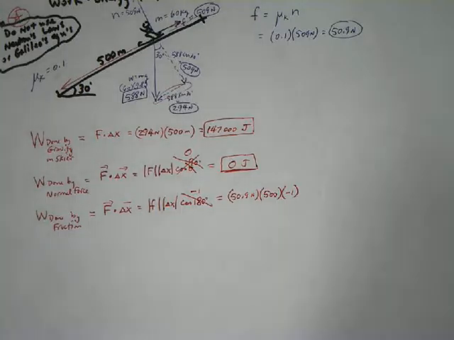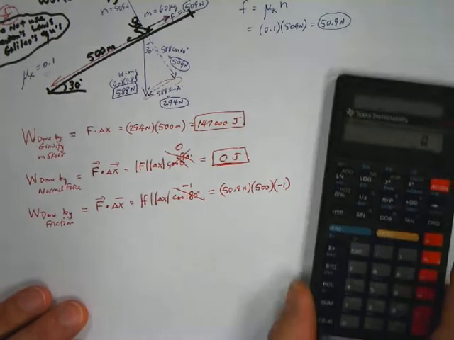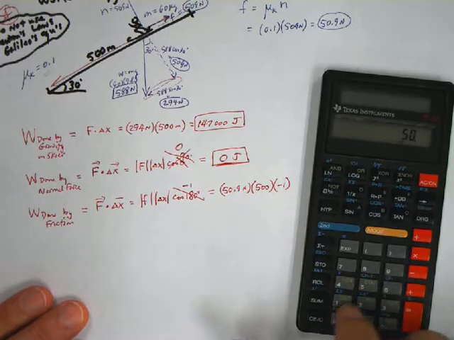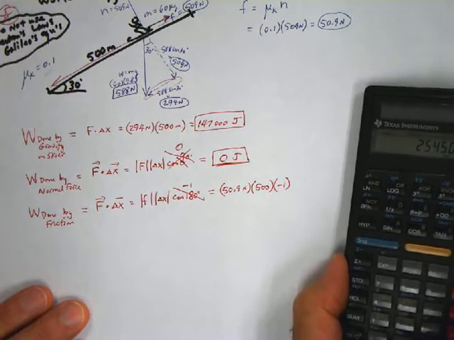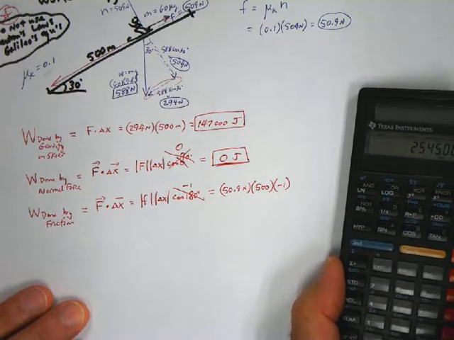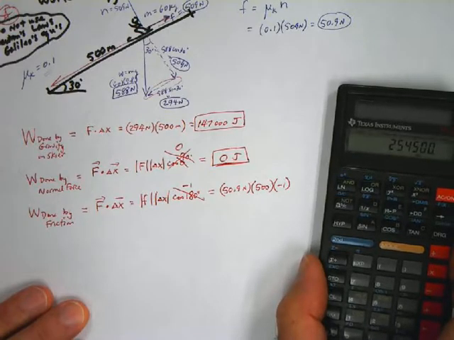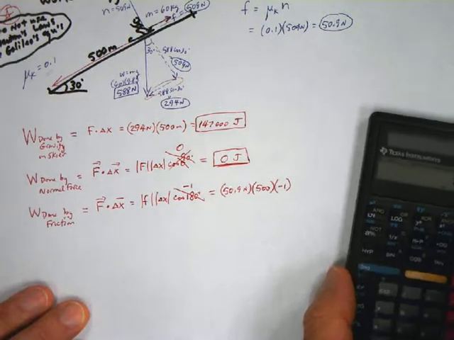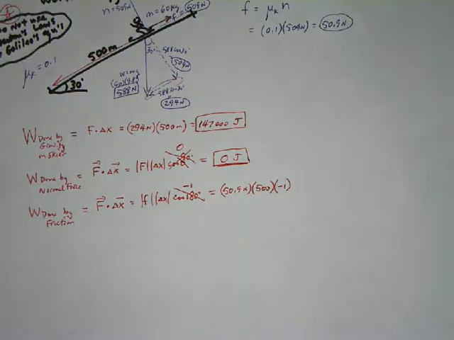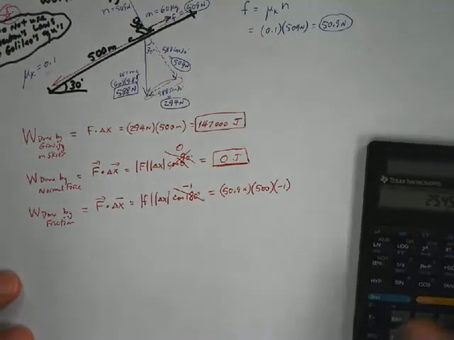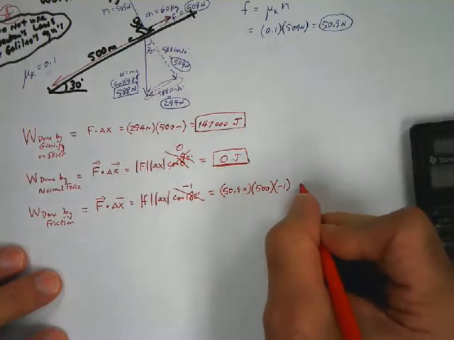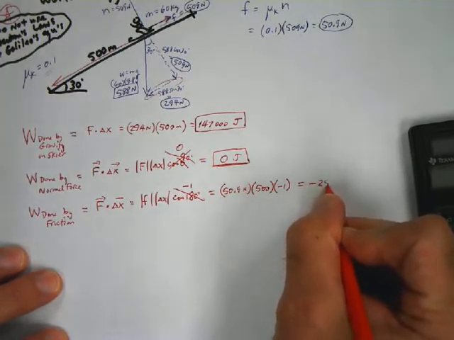So if we multiply 50.9 times 500 times -1, we get negative 25,450 joules.